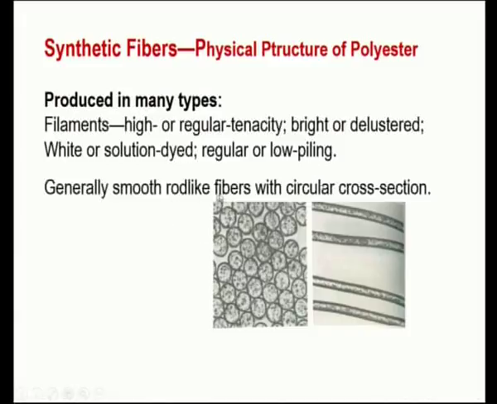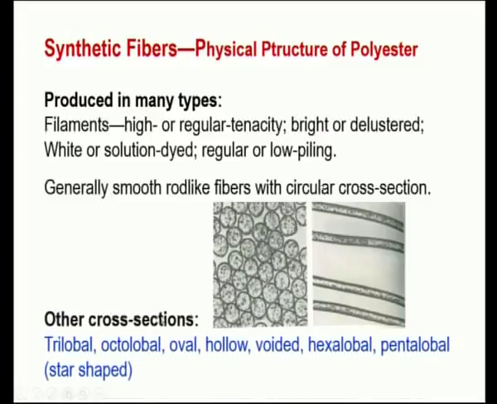Generally smooth, rod-like fibers with circular cross sections. So, you can see this kind of smooth fiber can be produced. Other cross sections like trilobal, octalobal, oval, hollow, voided, hexalobal, pentalobal, star shaped, etc.